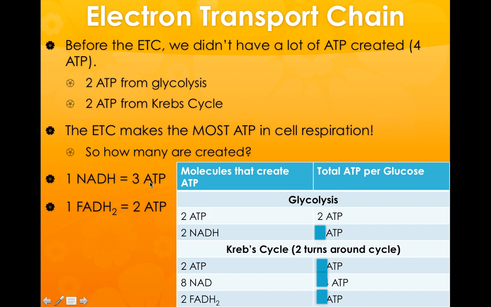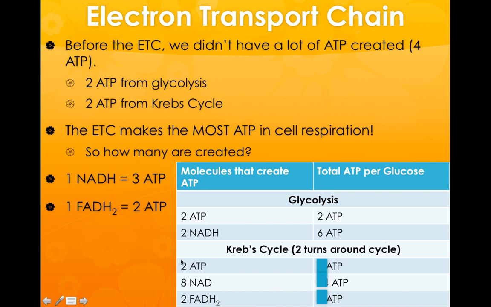So 1 NADH equals 3 ATP. 1 FADH2 equals 2 ATP. So to figure out the number of ATP made from the NADHs coming from glycolysis, we have to take this number, which is 2 NADH, and multiply it by 3, because each NADH makes 3 ATP. So that gives us a total of 6 ATP being made from the NADHs that were produced during glycolysis.